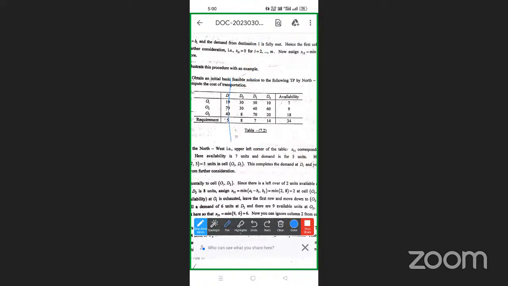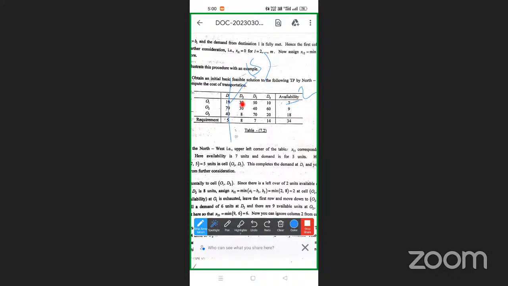The remaining availability in the row is 2, because 5 has been allocated. Now in the remaining table, the northwest corner is at the top of the table.